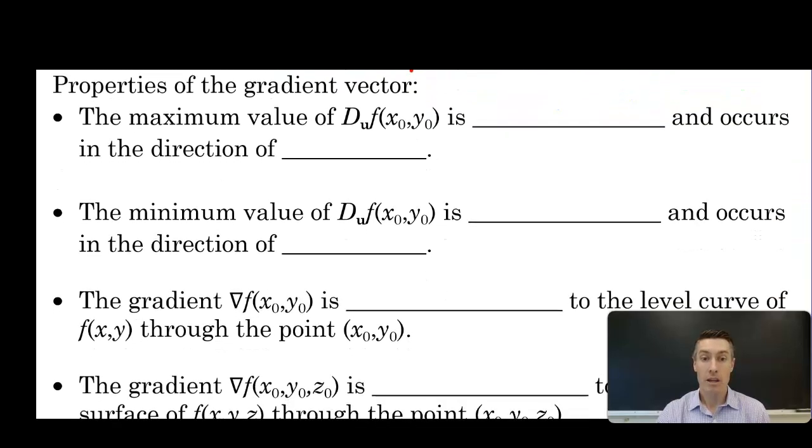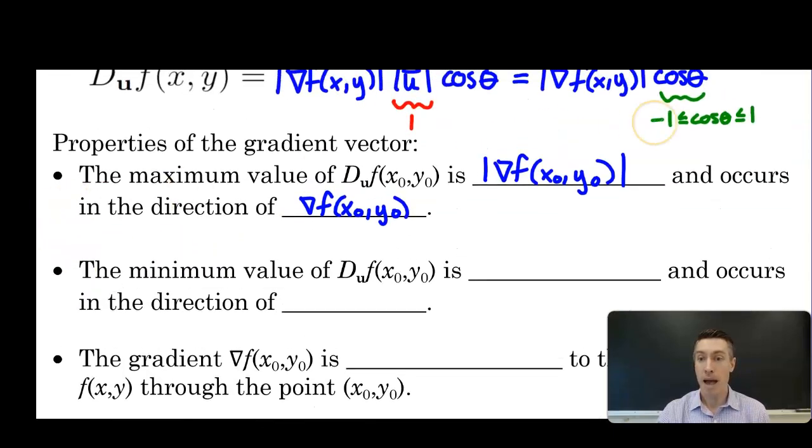So the maximum value of the directional derivative at a point is the magnitude of the gradient at that point, and it occurs in the direction of the gradient vector at the point. Now, a little bit harder to wrap your head around this, but if we think about it, we said the maximum happens when cosine is 1. Cosine is 1 when theta equals 0.